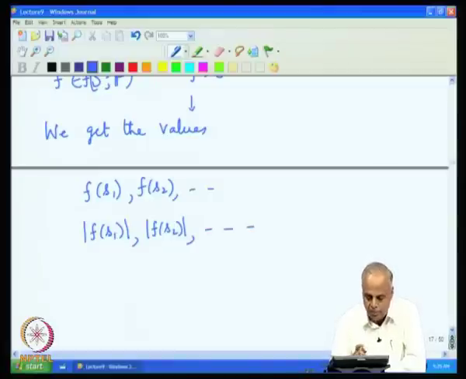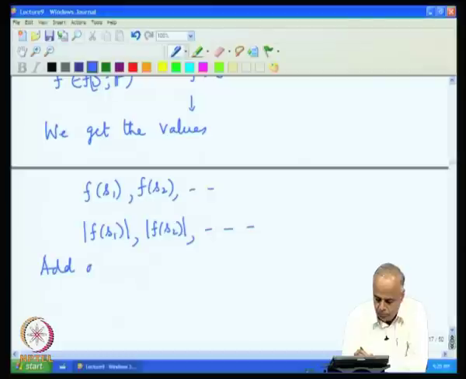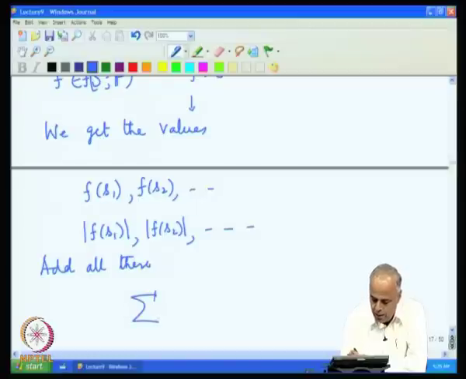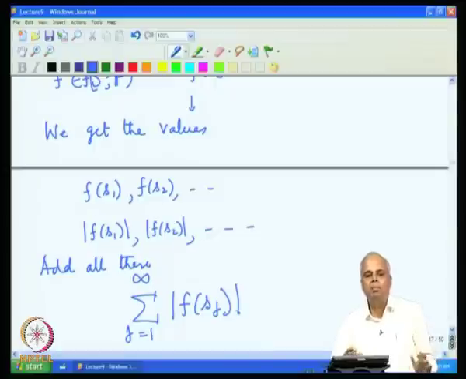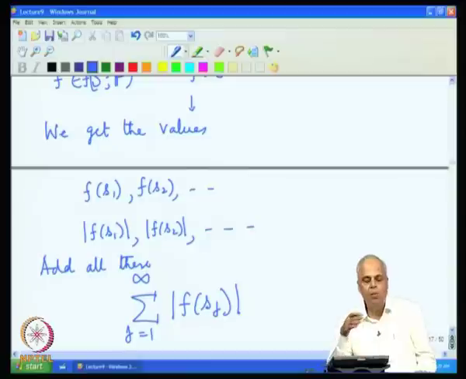again we get non-negative real numbers. Now, let us add all this. We get summation j equal to 1 to infinity of mod f(sj). Now, this sum may be finite or infinite, because we have now an infinite series of non-negative terms.